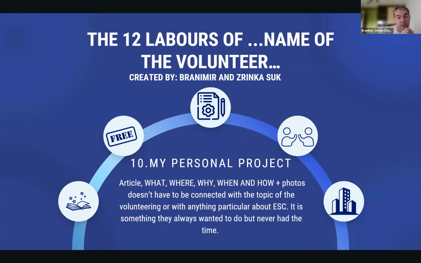So this is a very cool thing from EVS that we also adopted, and we're focusing on this because we want to really inspire the young people that they are the ones who start and finish something of their own desires, what they like the most, using the resources they have available.